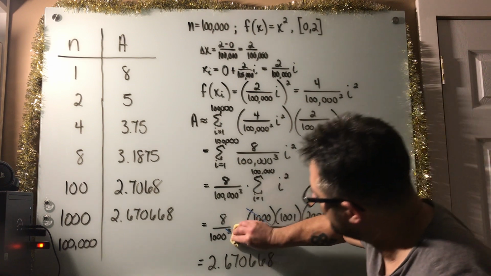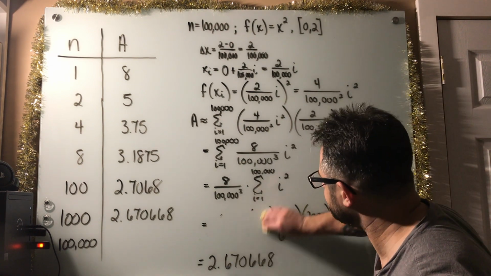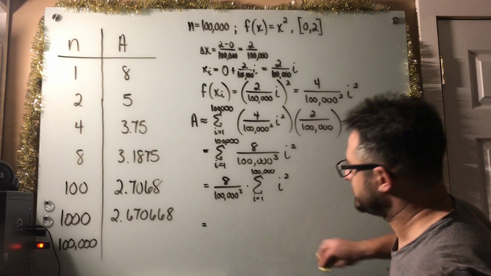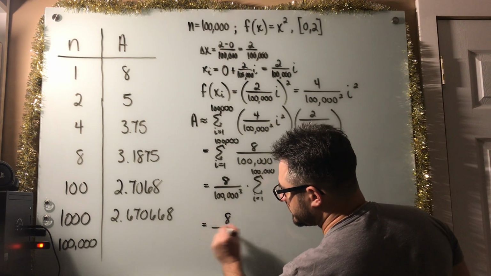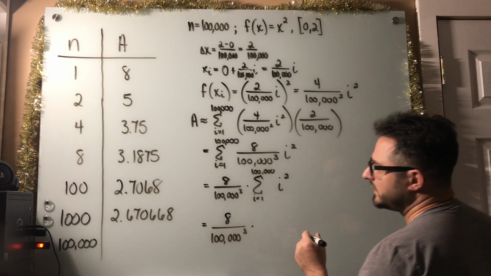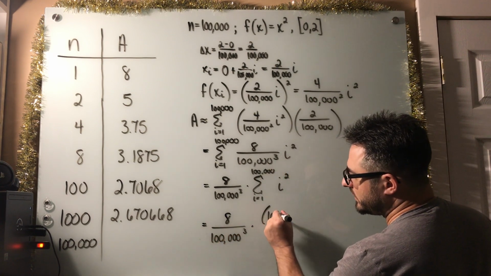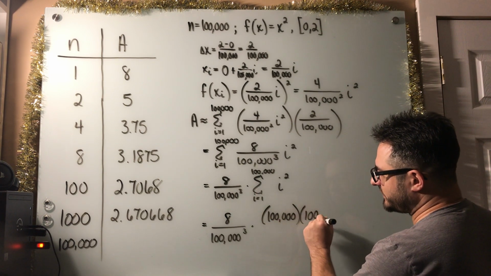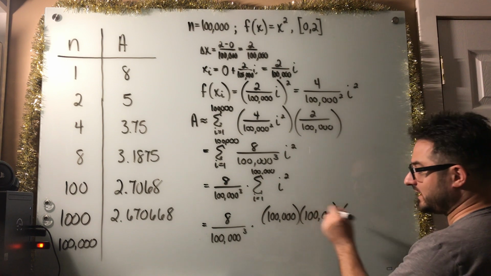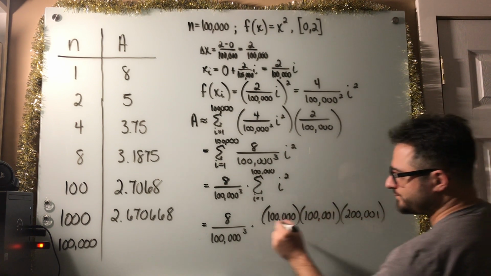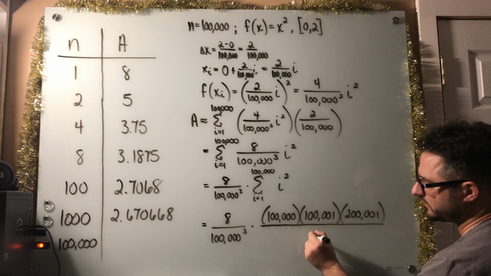Okay, almost there. 8 over 100,000 cubed times 100,000 times the next number after 100,000 times adding those two together, all over 6.